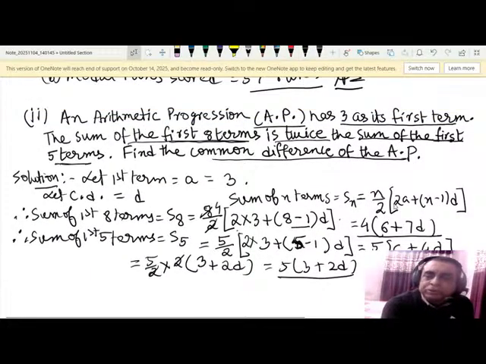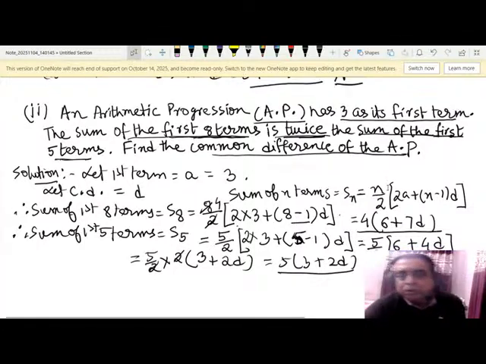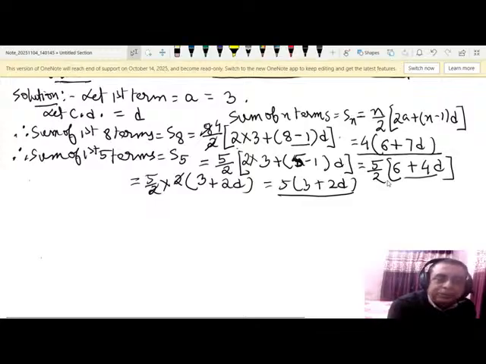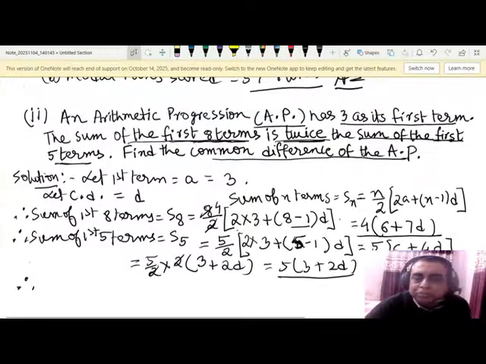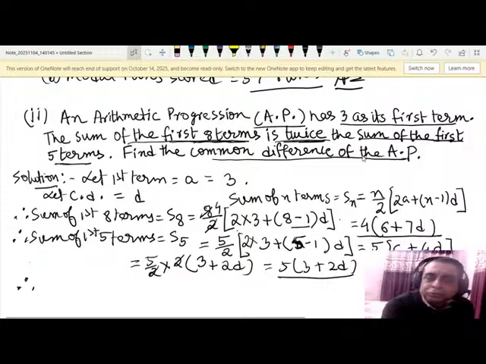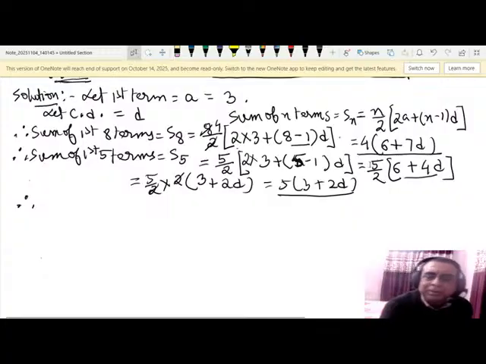Now in the question we are told the sum of the first 8 terms is twice, double. So now you make the equation of the sum of the first 5 terms. The sum of the first 8 terms is twice the sum of the first 5 terms. So you multiply the sum of the first 5 terms with 2 and equate it with the sum of the first 8 terms.